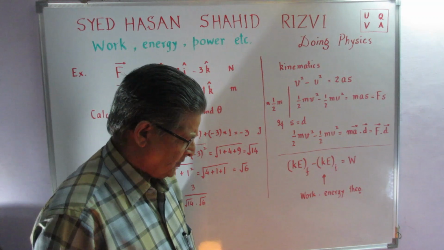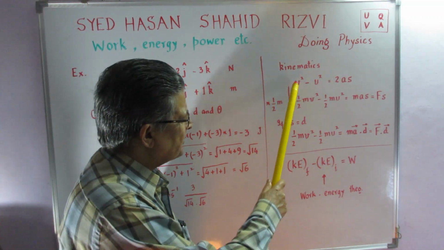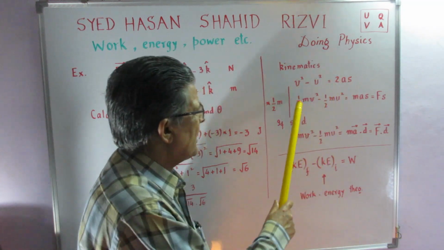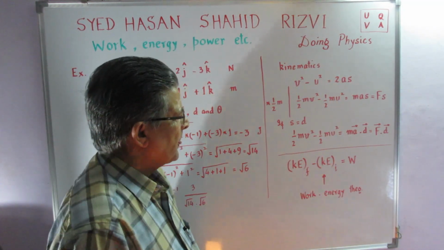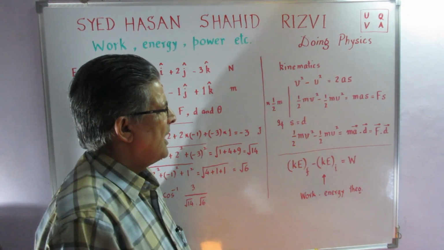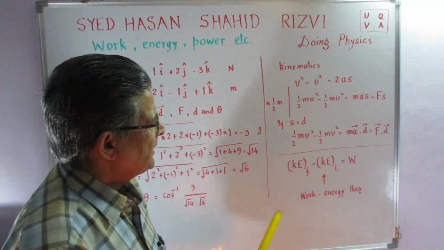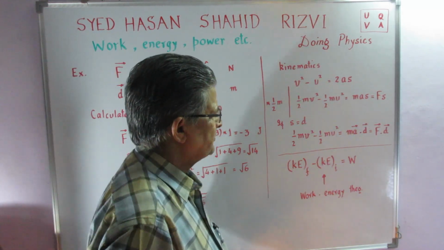What I do is, based on previous knowledge, if I multiply this whole equation over here by m by 2, I get a relation: half mv square minus half mu square is equal to ma into s.